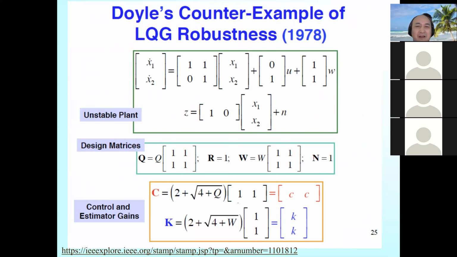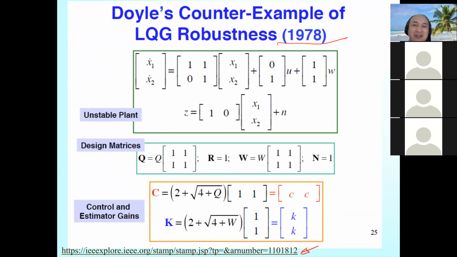There is a very famous paper, I put a link in here, 1978. I met John Doyle multiple times in person. Once we were at a VIP dinner and we had a very nice chat about fractional control. But anyway, let's talk about this.